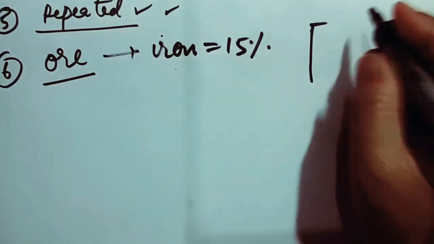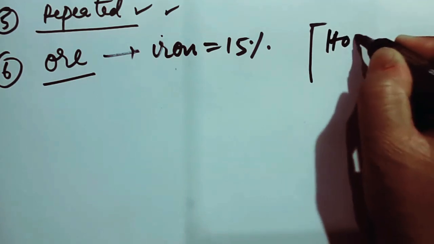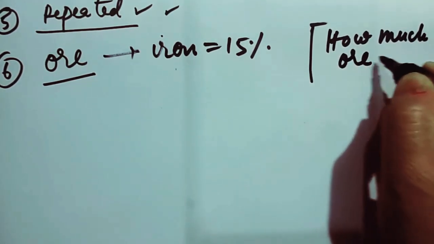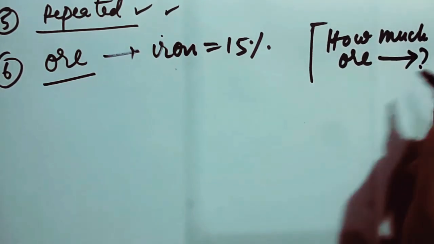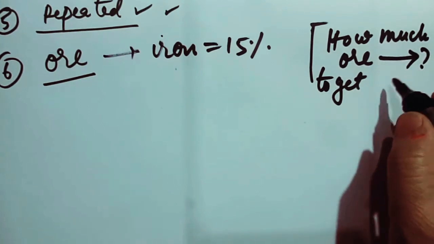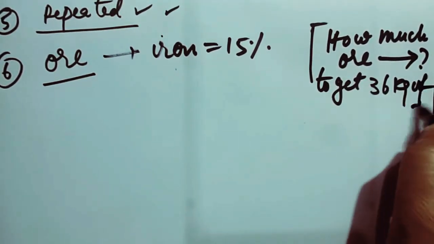So they actually need how much ore is needed to get 36 kg of iron.